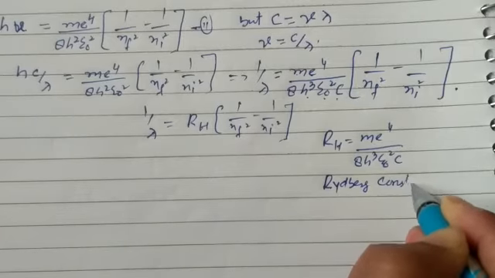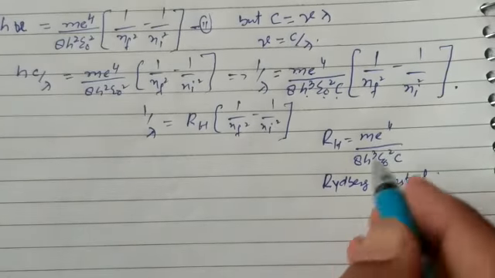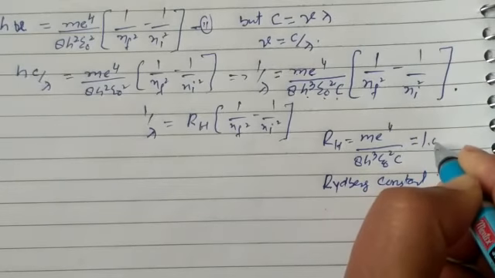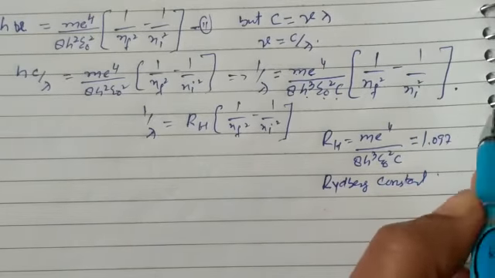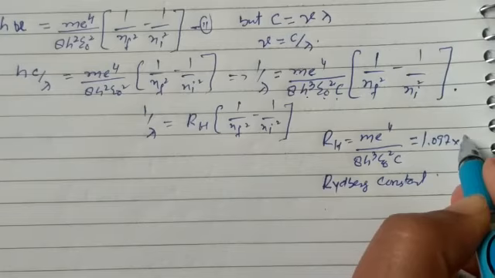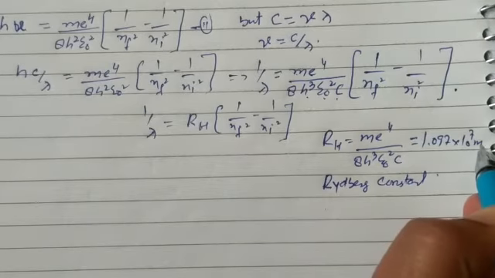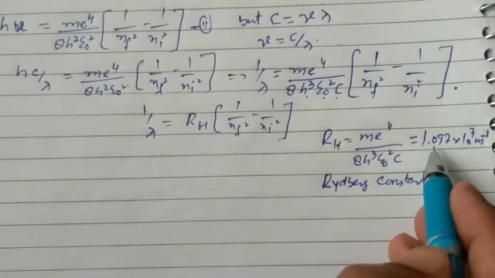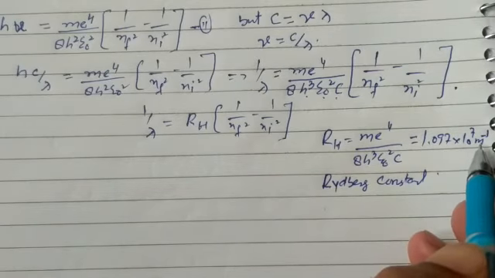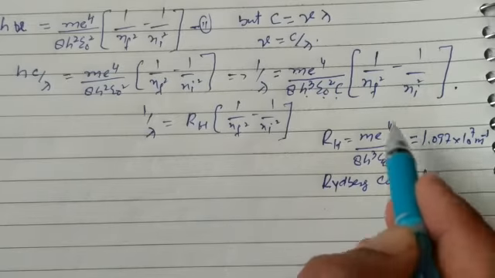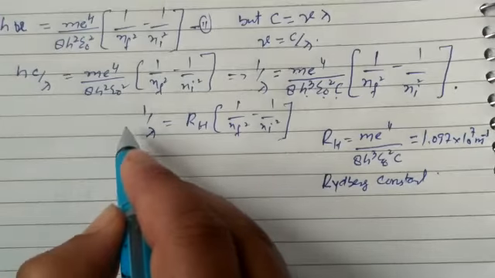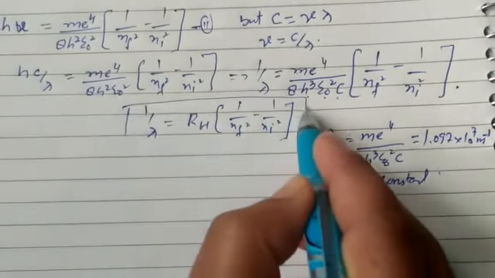Its value is 1.097 into 10 raised to the power 7 per meter. This constant Rh is called the Rydberg constant, and this is called the Rydberg formula.